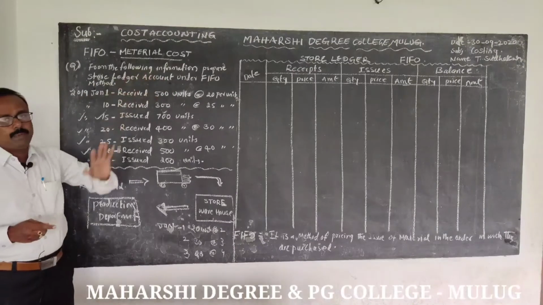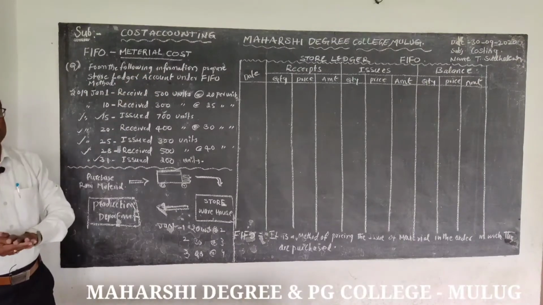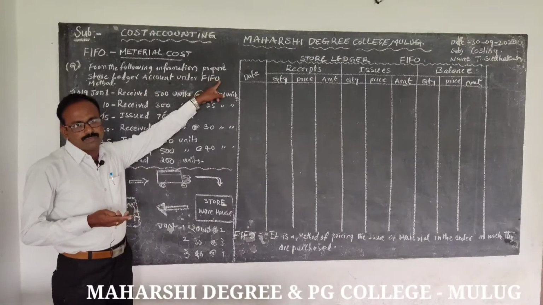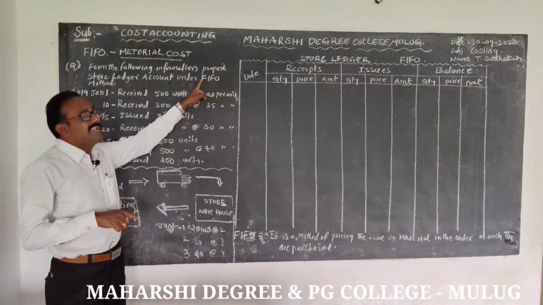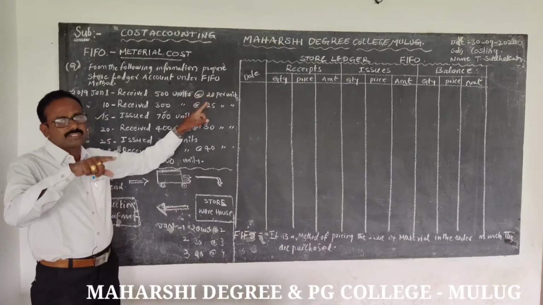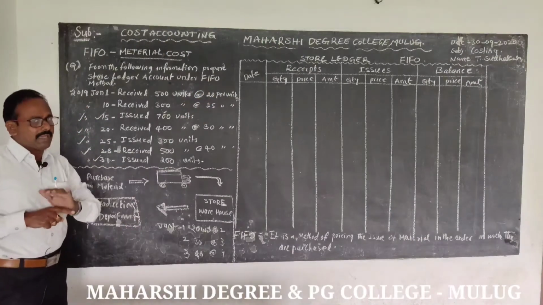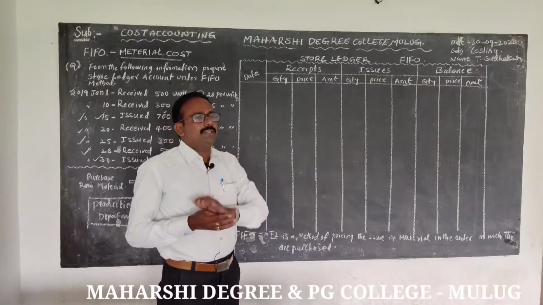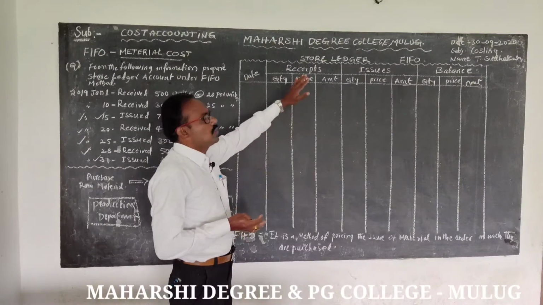The store ledger is prepared by four very important methods. First, first in first out method, second LIFO method, last in first out, then simple average method and weighted average method. Four methods are used to prepare the store ledger.